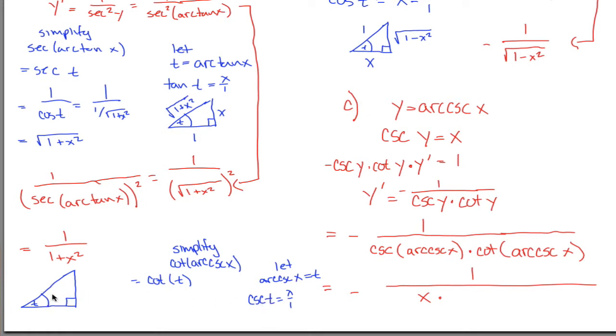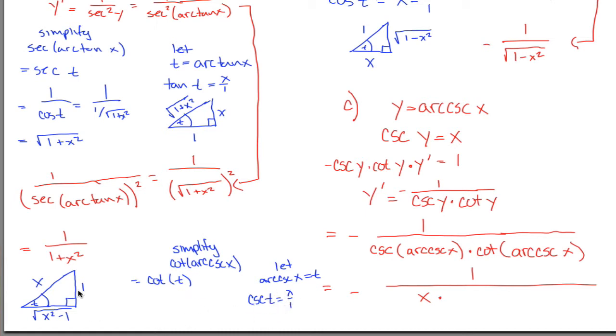So hypotenuse over opposite is x over 1. This is an x, and this is a 1. Then you can solve for this third side. I think what you'll get is the square root of x squared minus 1. Is that right? If I square this, I get x squared minus 1, and if I add that to 1, I get x squared, which is this squared. So that looks right.